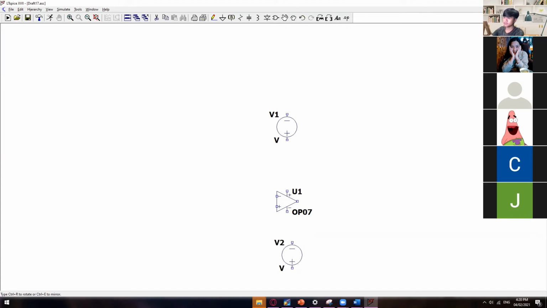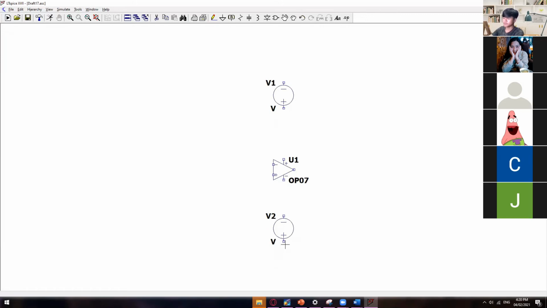But if you're going to use this one, it's understood that you're supplying negative to negative. Okay, so we'll just use this one, so no need to include a negative sign anymore. Then of course, it must be grounded side by side, and just connect this one on the real voltages.